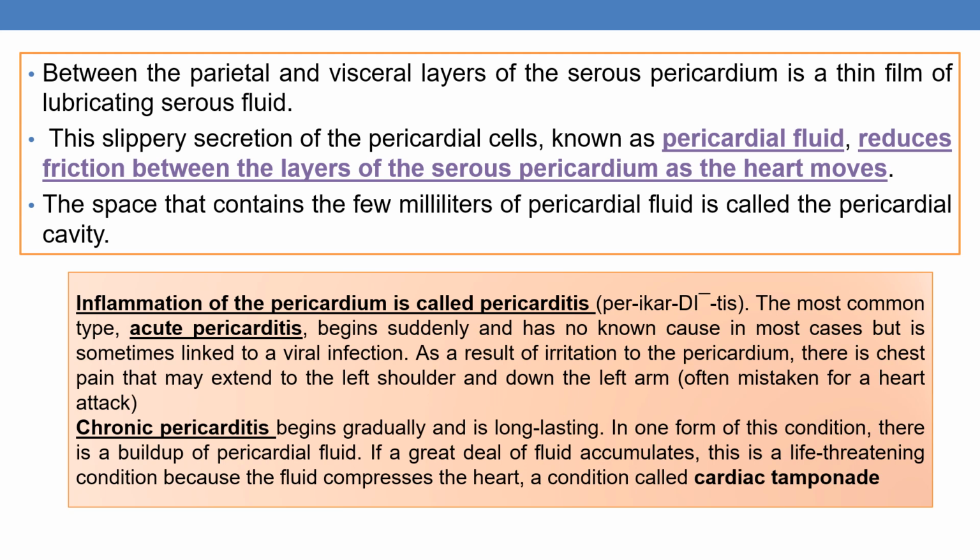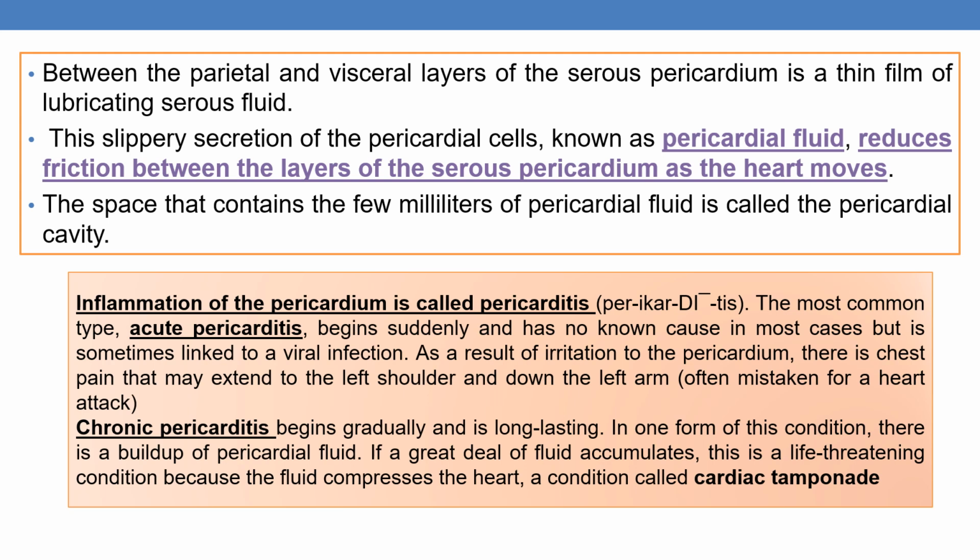Pericarditis can be of two types, acute and chronic. The most common type is acute pericarditis. It begins suddenly and has no known cause in most cases, but sometimes it is linked to a viral infection.